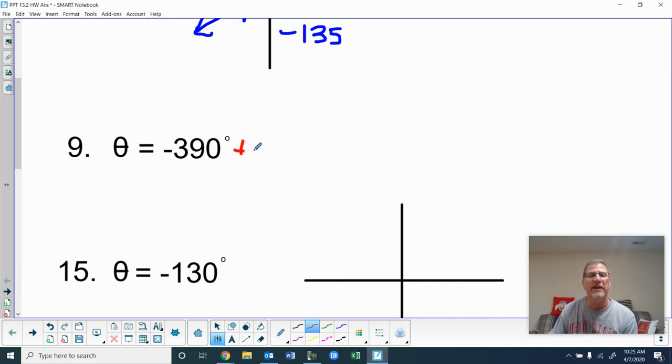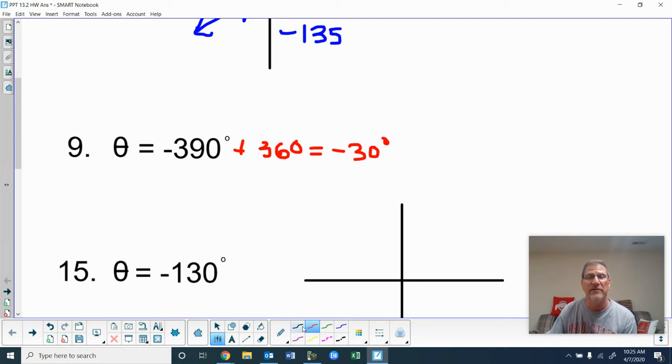So the first time I add 360 to this, I'll still get a negative number. So that's negative 30. So there's my negative coterminal angle. But if you wanted to subtract 360 from negative 390, that would also work. But I'm going to add 360 again.